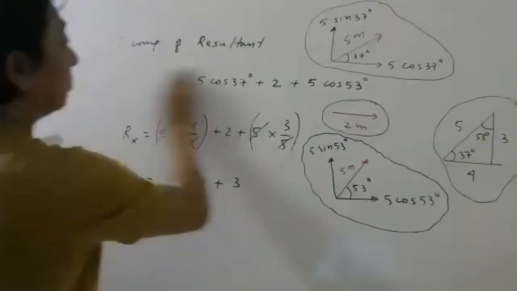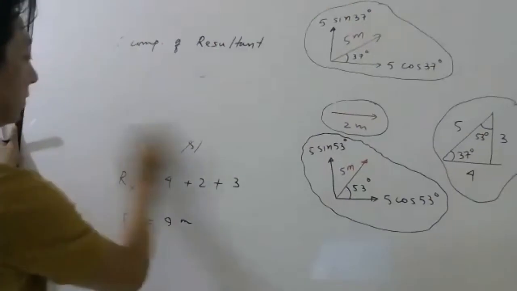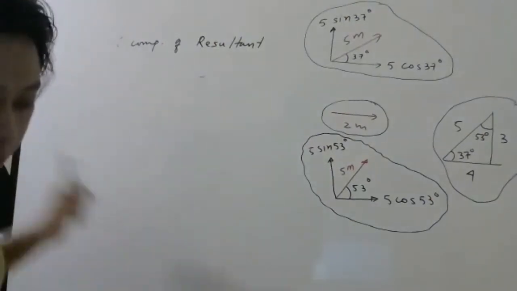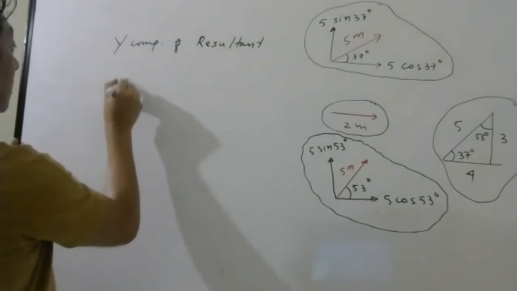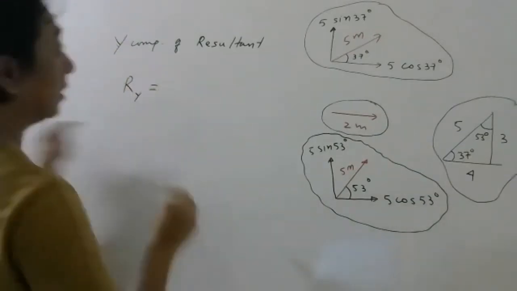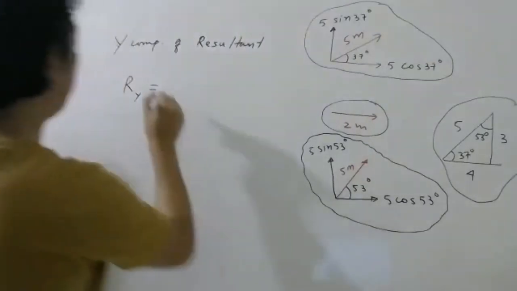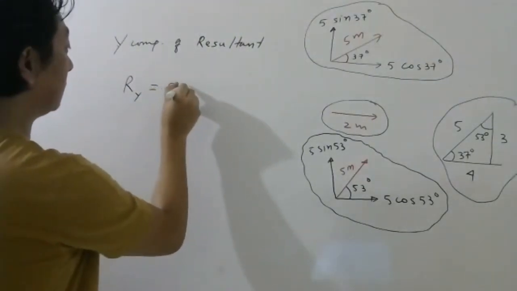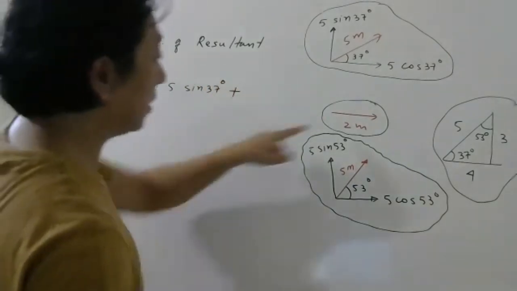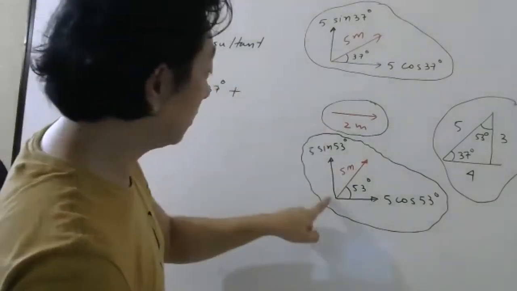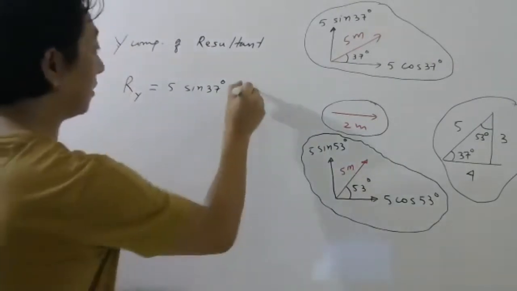Let us find the y component. So the y component of the resultant, let us call it Ry. Here the y component is up, 5 sin 37. This one has no y component. This one is 5 sin 53.